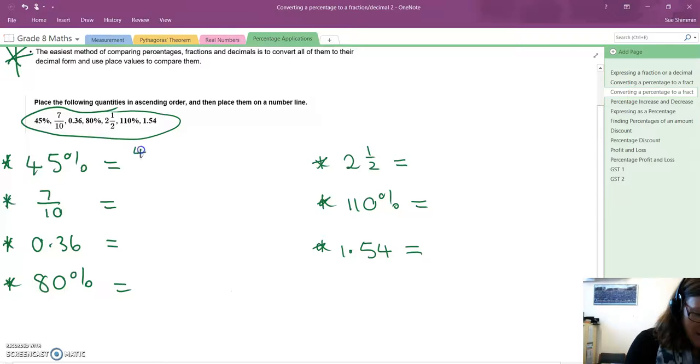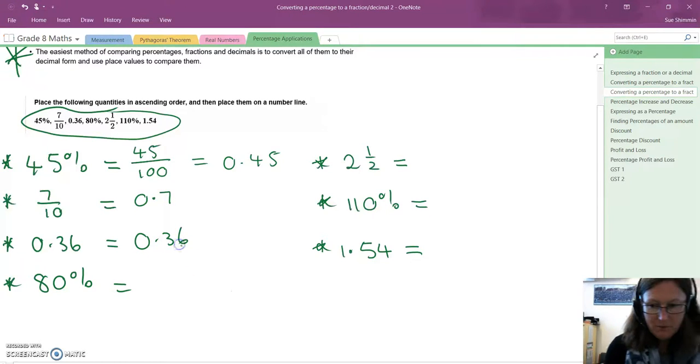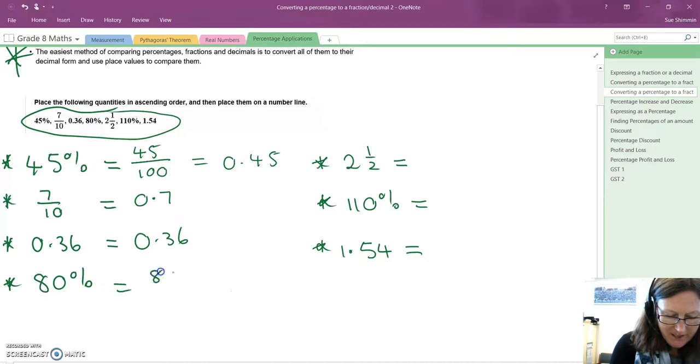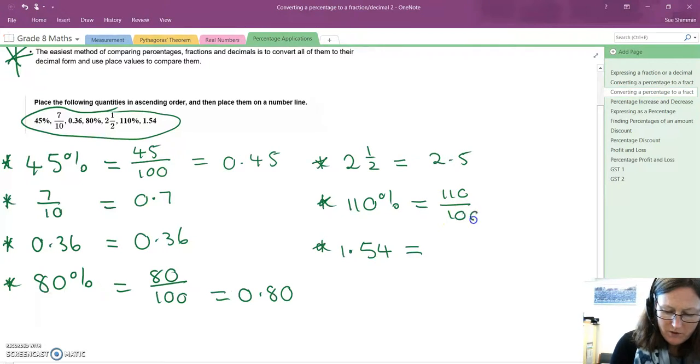45%, that's 45 per 100, which as a decimal is 0.45. 7 over 10 as a decimal is 0.7. 0.36 is already a decimal. 80% is 80 per 100, which as a decimal is 0.80. 2.5 as a decimal, 2.5. 110% as a decimal is 110 per 100, and as a decimal that's 1.1.